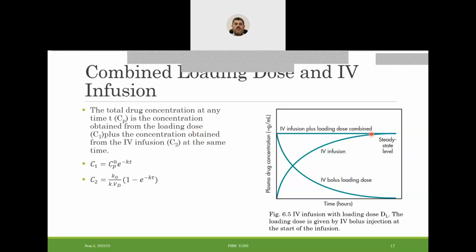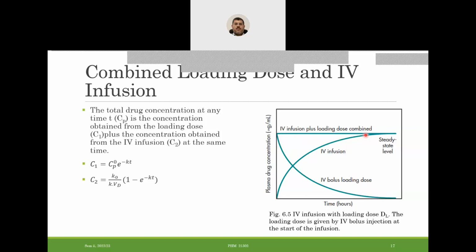The total is stable with time because one is decreasing, but the other one is causing an increase in concentration. The sum is the same. At infinity, at 5 or 7 half-lives, one is completely eliminated and the other reaches steady state. So the total is always at steady state.